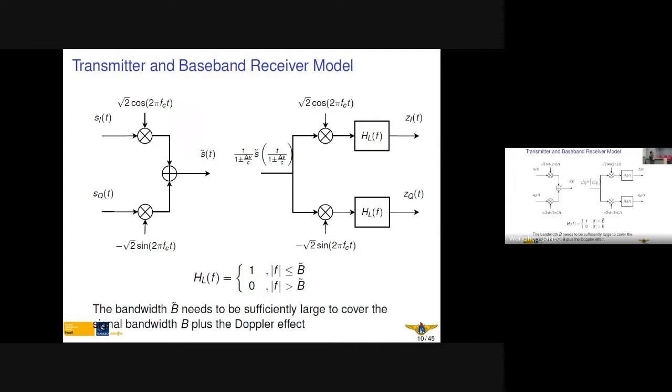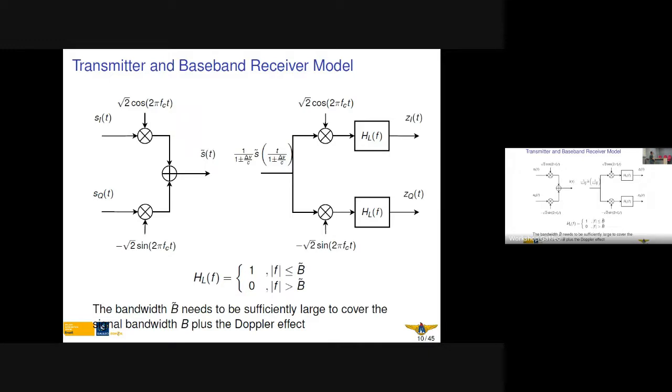Then this passes through the channel. In our case here, we only have the Doppler effect. So at the receiver, the signal we receive in the time domain is 1 over 1 plus minus Δv_c divided by c times s tilde of t divided by 1 plus minus Δv divided by c. And now we perform down conversion.